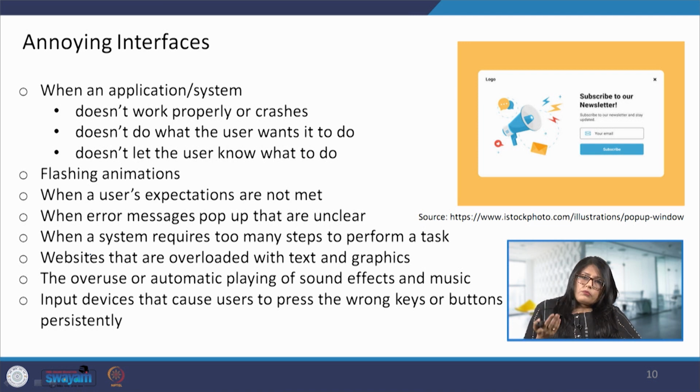Similarly, the overuse of sound, music, and other things, and sometimes the way the keys and buttons are organized, may make the user more prone to pressing the wrong key unintentionally, and then it will lead to error. So these are some examples of annoying interfaces that one should keep in mind while designing, and should not integrate in their design.